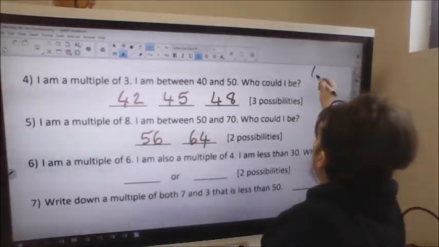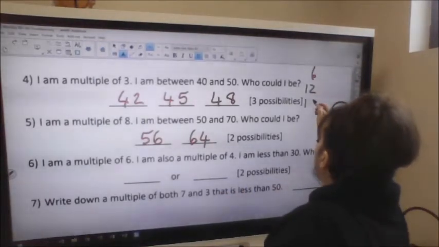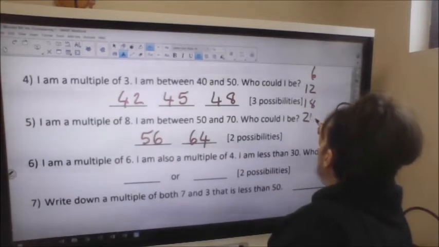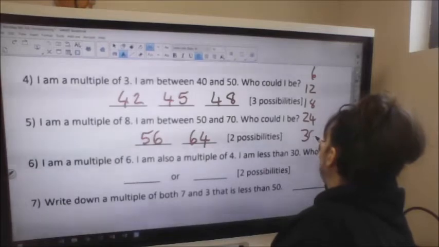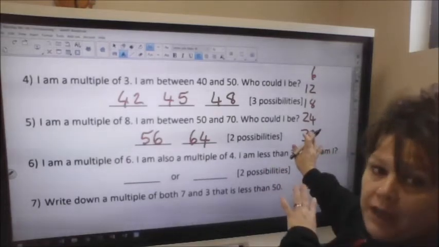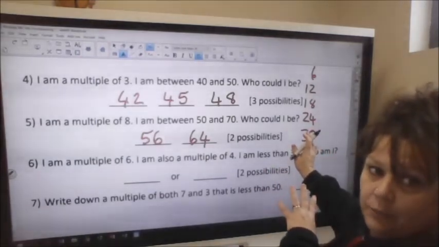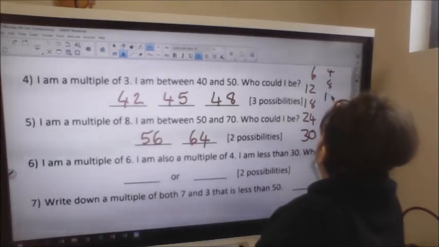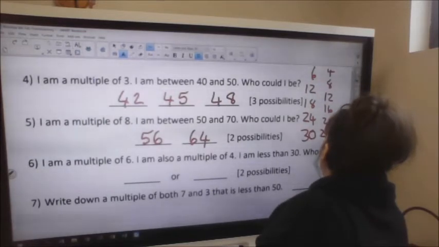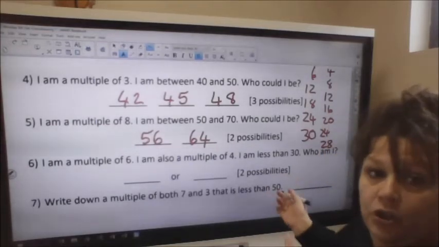I'm going to go 6, 12, 18, 24, and then my next one is 30. So I'm not going to go any more on my 6 times table. Right, so then I've got 4, 8, 12, 16, 20, 24, 28, and I can't go any more because I'll be 32.